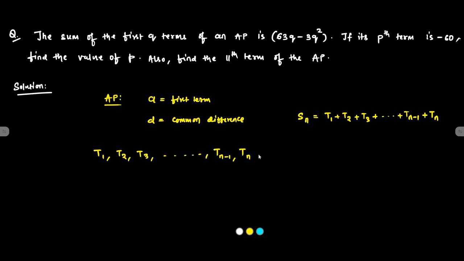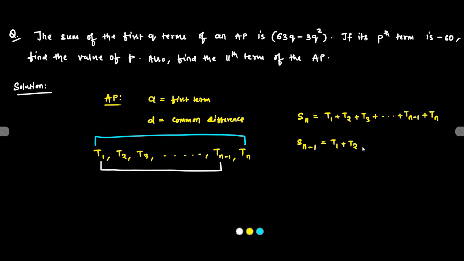Now let's say we try to find out the sum of the first n minus 1 terms. So this will be from T1 to Tn minus 1, just the term before that. The first one, Sn, is from first to the last. This is from T1 to Tn minus 1, so this is equal to T1 plus T2 plus T3 plus Tn minus 1.